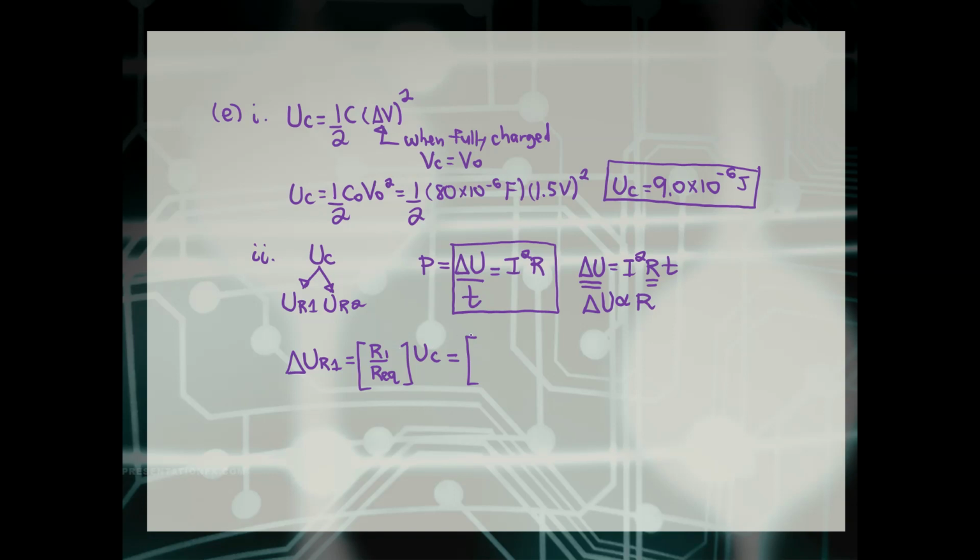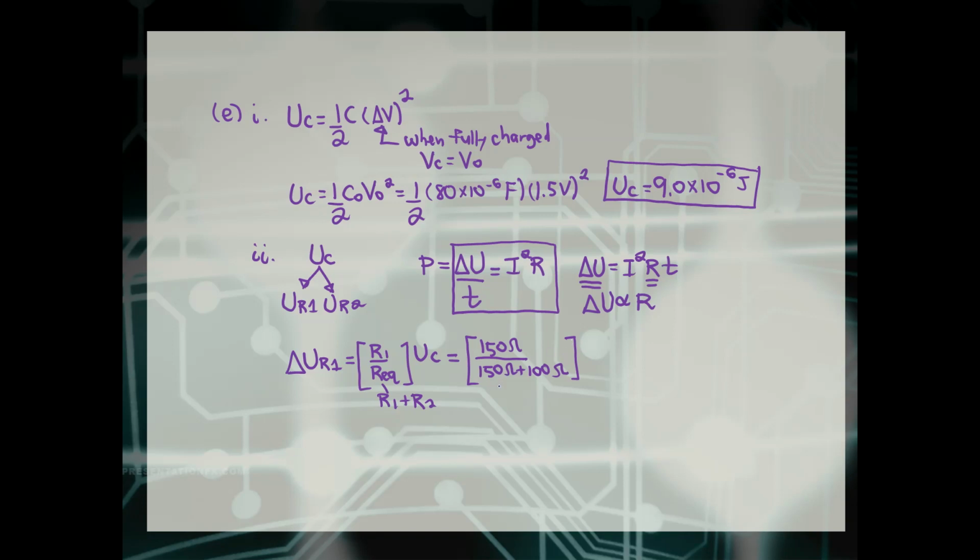R1, I think, is 150 ohms. The equivalent resistance would just be R1 plus R2, so it's 150 plus 100 ohms. Then we multiply by the stored energy.